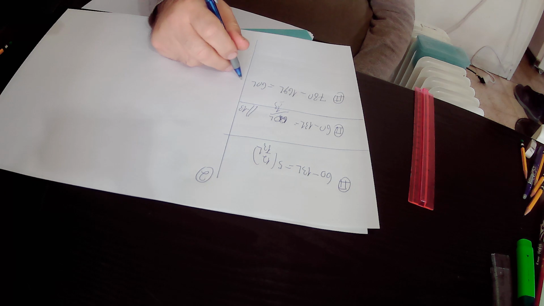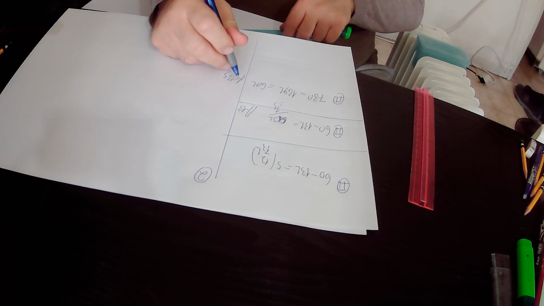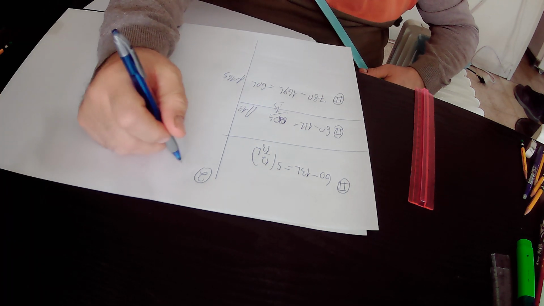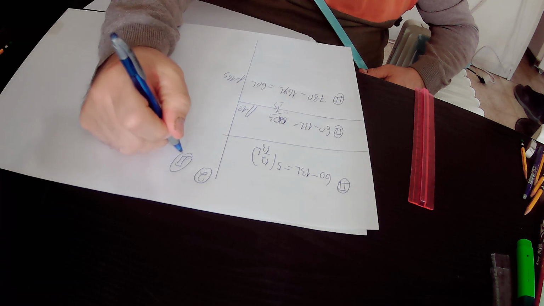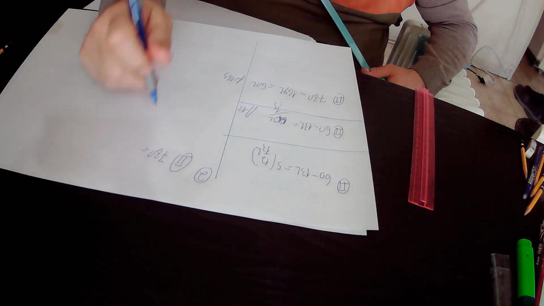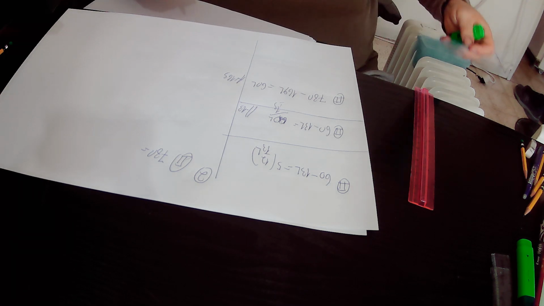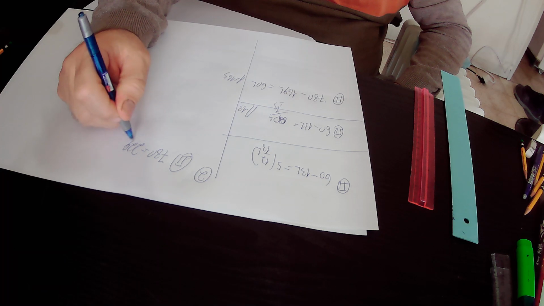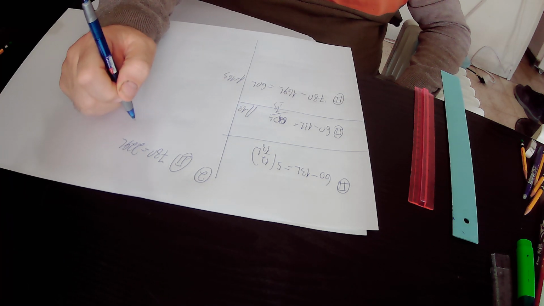So here we'll add 169L to equation 2, and we get 780 equals 169L plus 60L, which equals 229L.